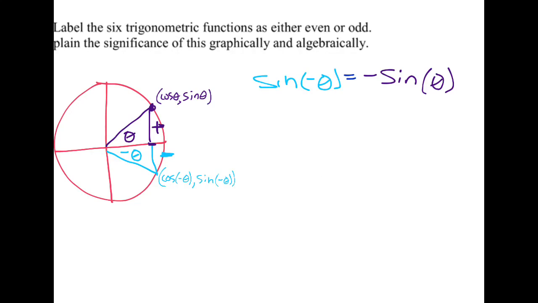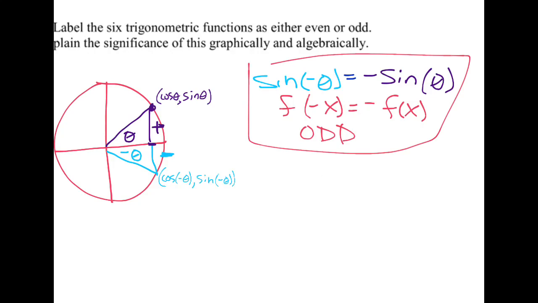That's a true statement. That's what that equality says. Well, that is the definition of an odd function. It's saying f of negative x is equal to negative f of x. That is what an odd function is.